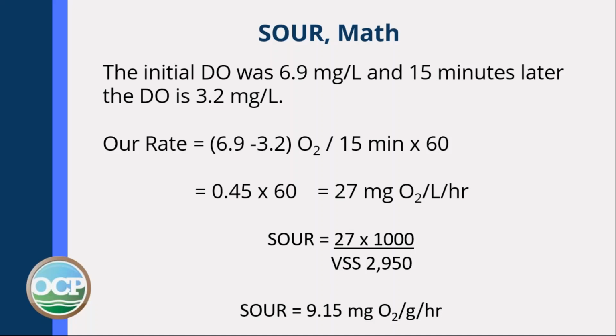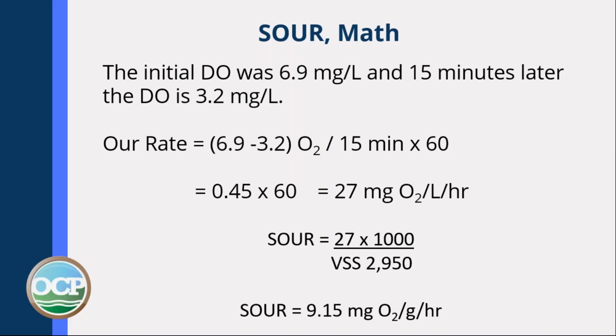So you put that into the specific oxygen uptake rate equation: 27 times 1,000 divided by your MLVSS, that is 2,950 milligrams per liter.